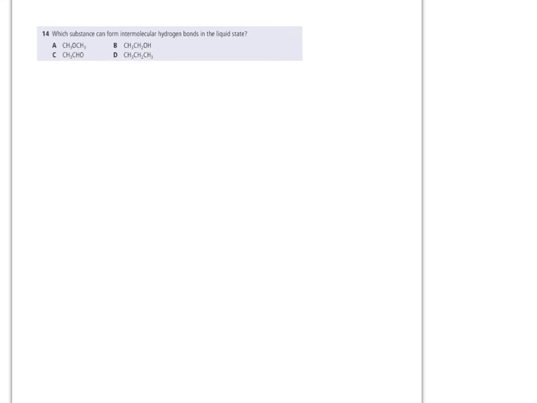And 14, which substance can form intermolecular hydrogen bonds in the liquid state? So again, this is getting ahead of us a little bit with organic, but CH3OH is going to have the carbon with the oxygen between. So the oxygen isn't bonded with any of those hydrogens.